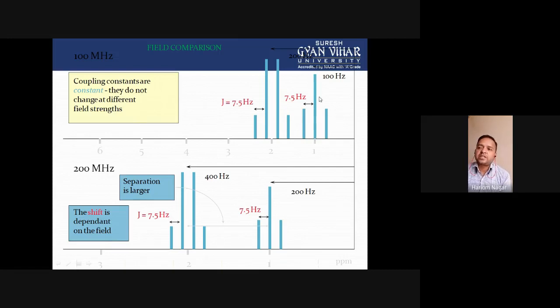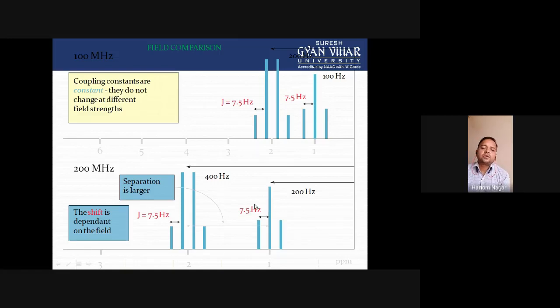For example, here this instrument is operating at 100 hertz. If we increase this just to double the value, there is no change in the coupling constant value between two protons.